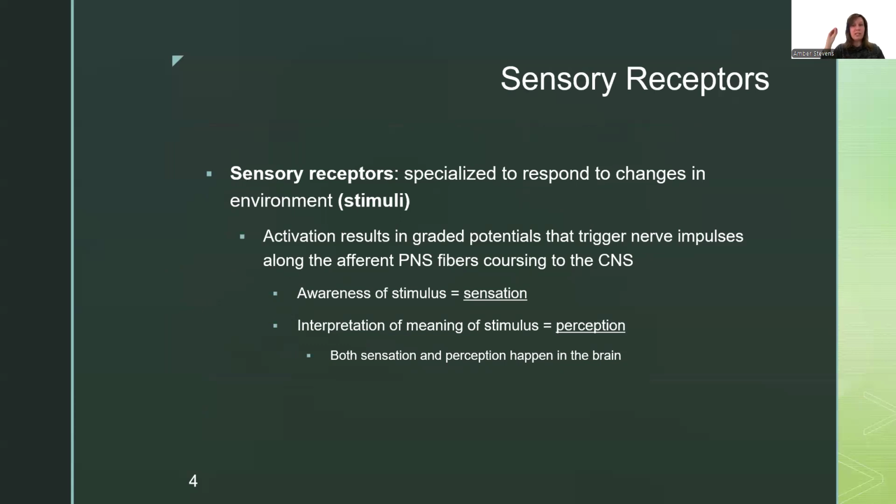Then sensation is the awareness of that stimulus, and perception is understanding the meaning of that stimulus. So if you look on your slide, awareness of stimulation equals the sensation, and interpretation of the meaning of the stimulus is perception. And both sensation and perception happen in the brain.